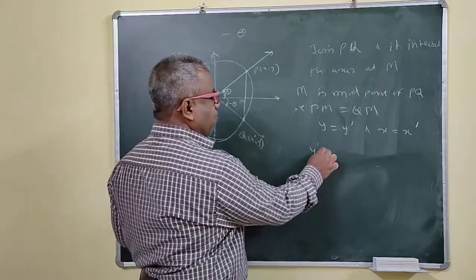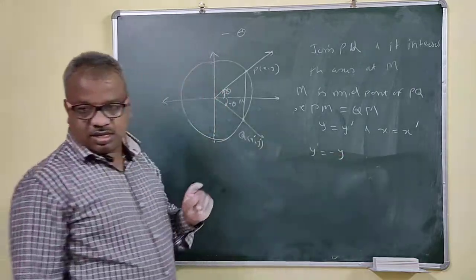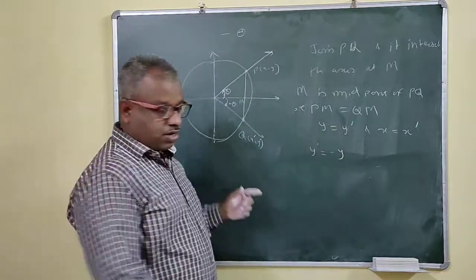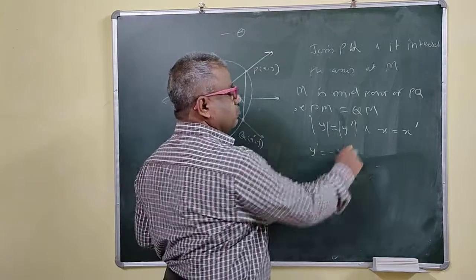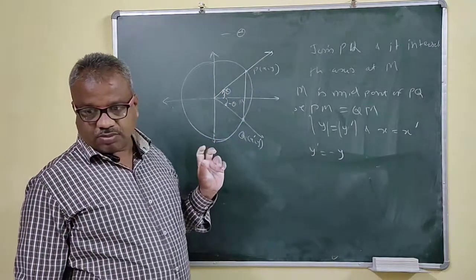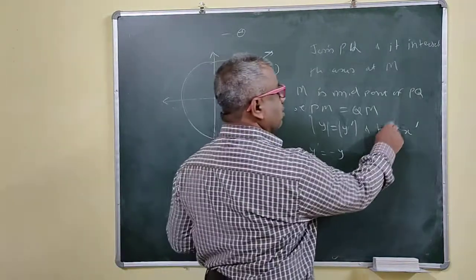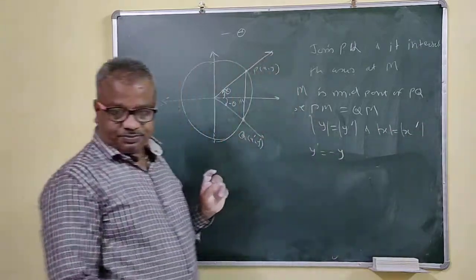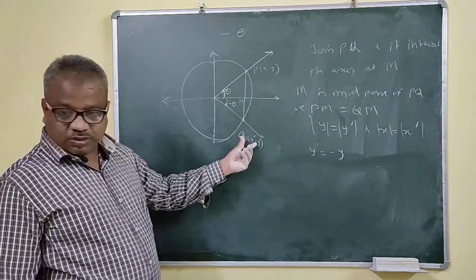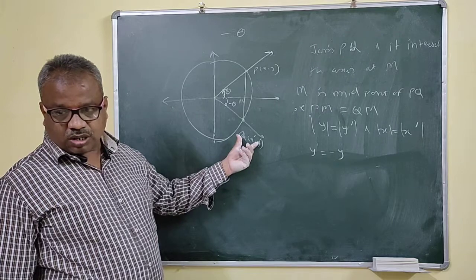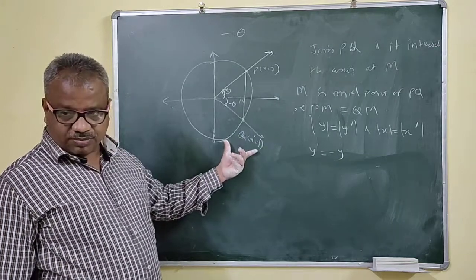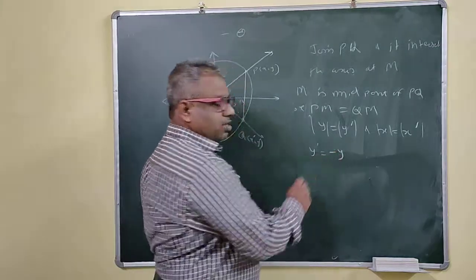Therefore, numerically the value is the same, so mod of x is the same as mod of x prime. But Q is in the fourth quadrant, where y is negative. So y prime is the same as minus y.